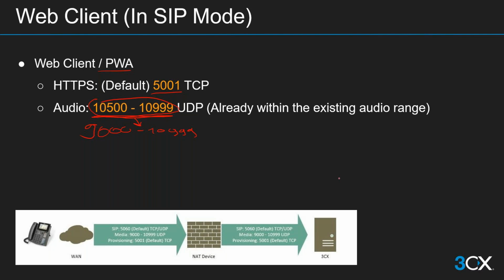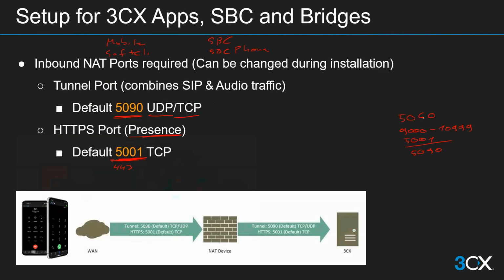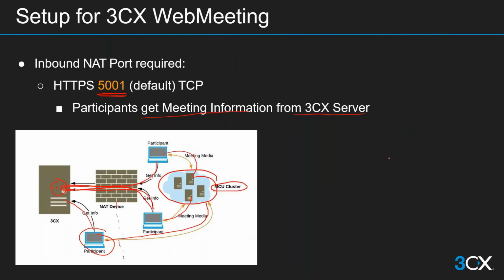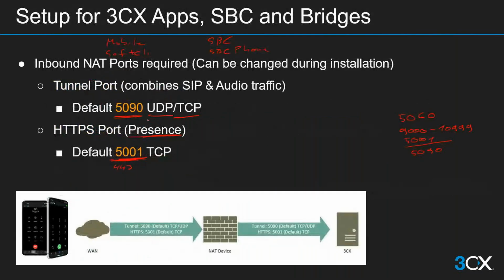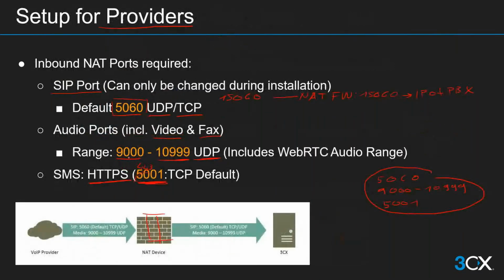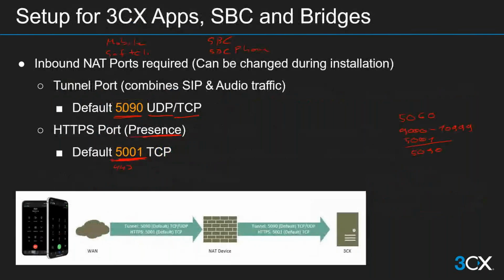So remember, we had 5060, that audio range, 5000 and 5090 on the second slide. From here on, it's all just a replication of the port forwarding. So once you have these ports forwarded, you have all ports forwarded.